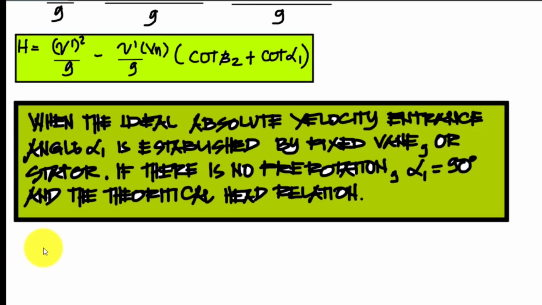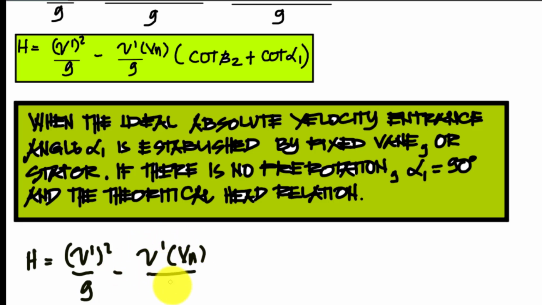So our equation changes into the head: the velocity of the vane squared divided by the gravity, minus the velocity of the vane times the normal velocity divided by the gravity, multiplied with the cotangent, which is the only one left. So it will be cotangent of beta 2.